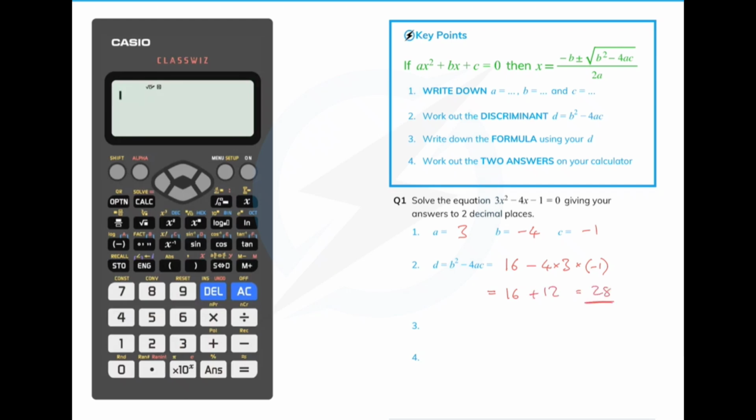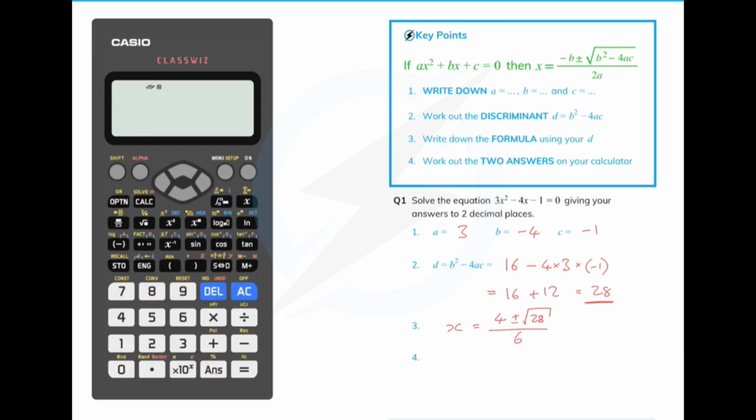Okay, so that's D. Now I'm going to write down the formula, which is x equals minus b, and again, being intelligent about this, b is minus 4, so minus b is plus 4. So here we go, 4 plus or minus the square root of 28, all over 2a.